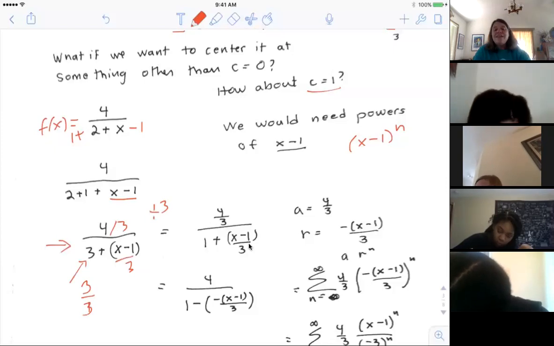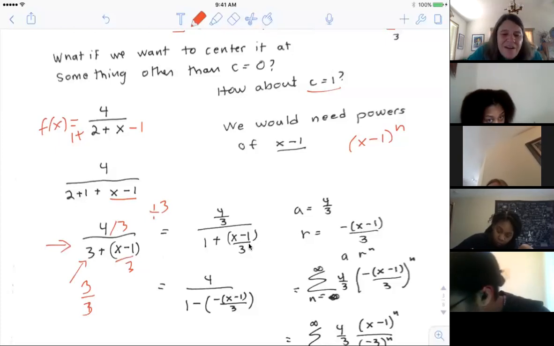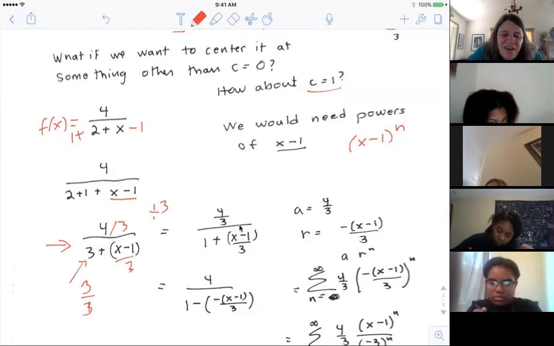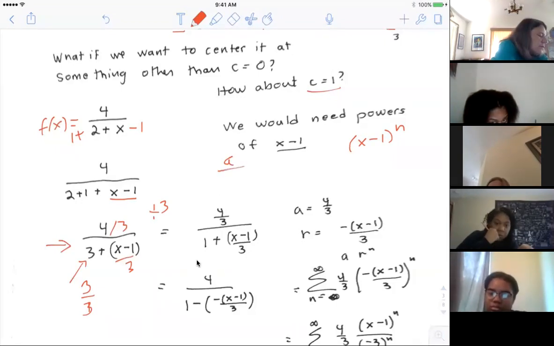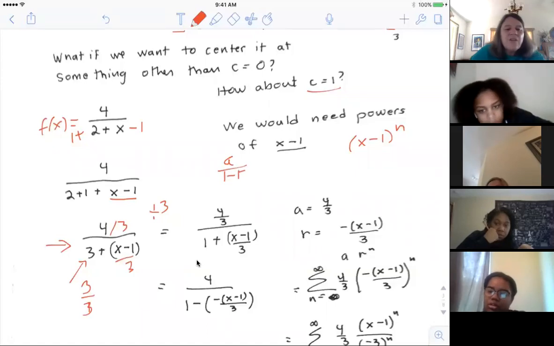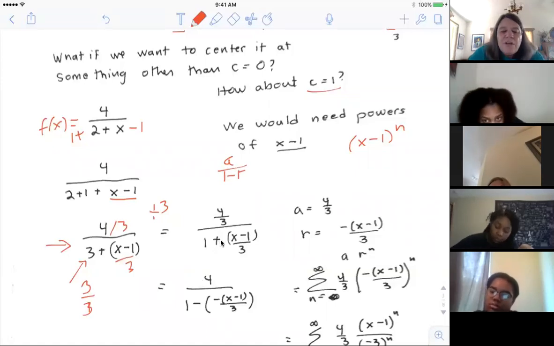Now, I contend that it almost looks like a geometric series. It's got an A. It's got an R there, sort of, but what's wrong with it? What's the geometric sum look like? Oh, the plus. Yeah, the plus is bad. So what I'm going to do is write it as minus a minus.